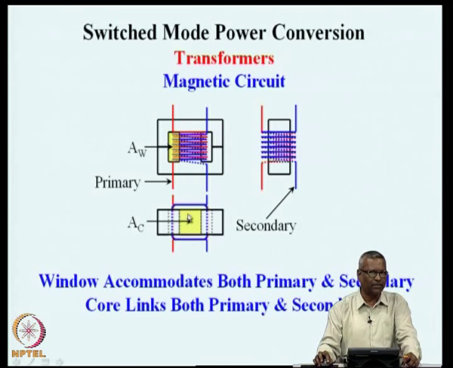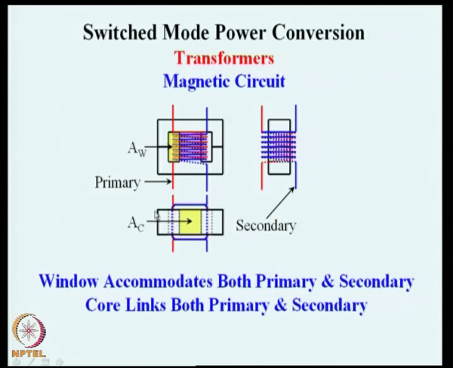And the total flux in the core has to pass through this cross section, and we can say that the window AW accommodates the primary and the secondary conductors, and the core links both the primary and the secondary, and the core area supports the total flux in the magnetic circuit. The blue winding is the secondary winding, and the red winding here is the primary winding.